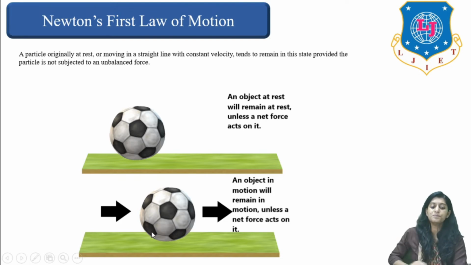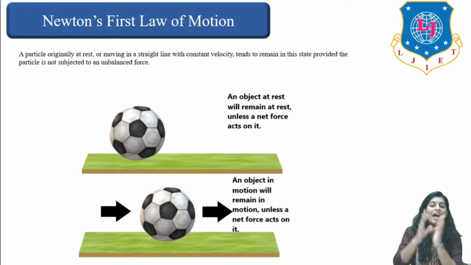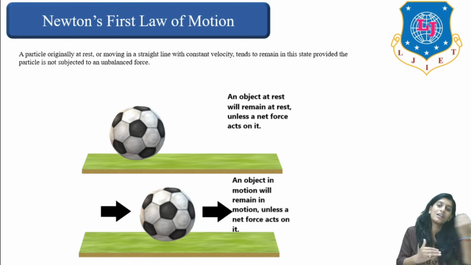And this is another football which is in motion. An object will keep on moving. That means this football will keep on moving unless there is some external force which will act opposite to it. Now, due to the gravitational force or due to frictional force, this football which is moving will stop after some particular time, right?